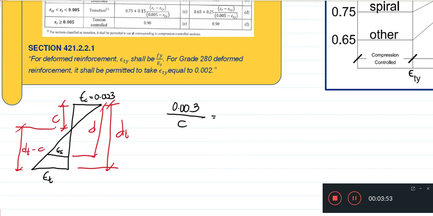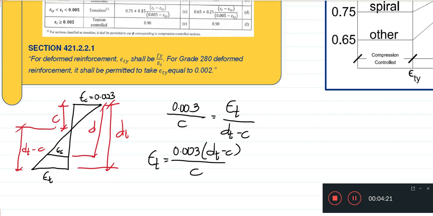So, ibig sabihin, we will have epsilon t over dt minus c. So, yan ngayon yung pangkuha natin nung net tensile strain natin. So, we arrange the terms, we will have a net tensile strain coming from this equation, which is 0.003 times dt minus c over c.